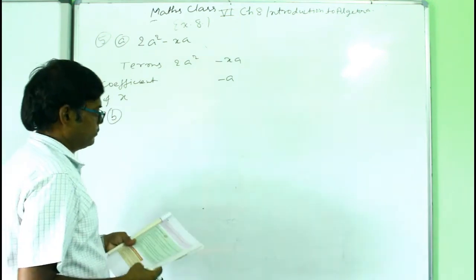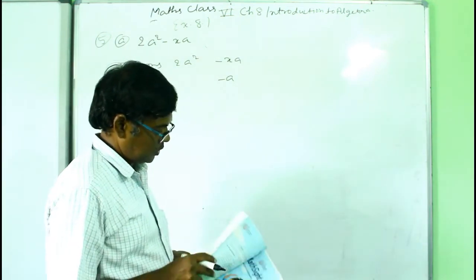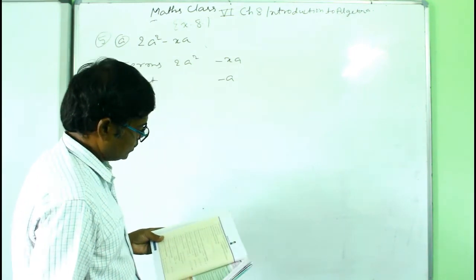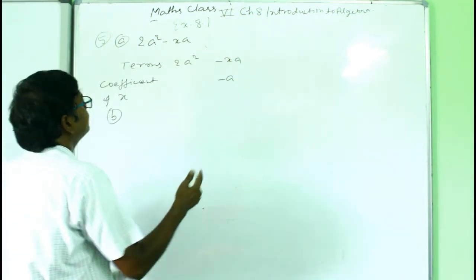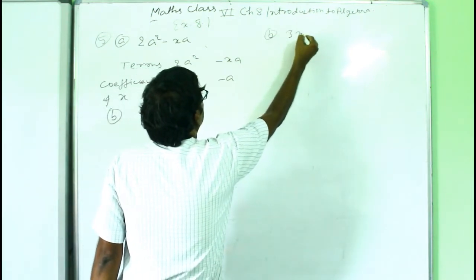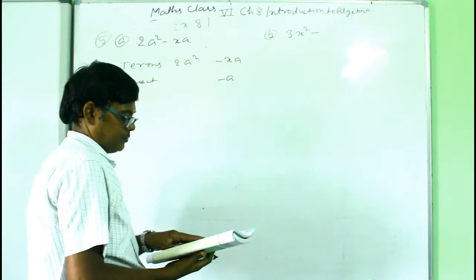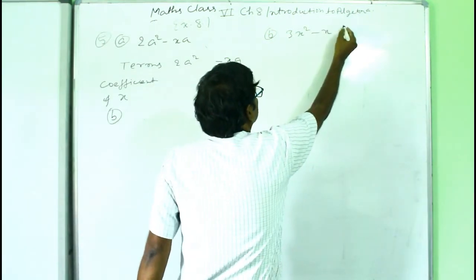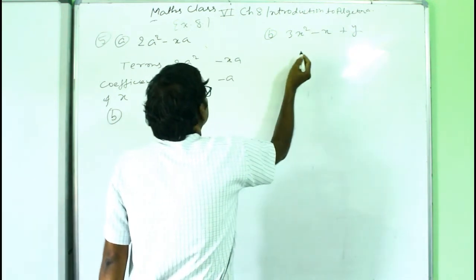And the second one is 3x square minus x plus y. The question is B, 3x square minus x plus y. So here the terms are what?